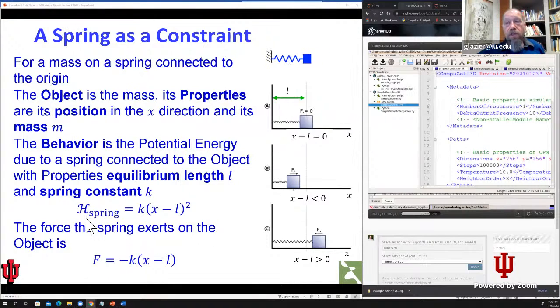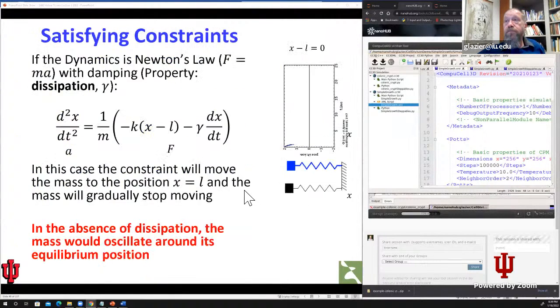This potential energy, H spring, equals lambda times (x minus L) squared, and creates a force of minus lambda times (x minus L). And the key thing is that the restoring force works: if the spring is too long, it shortens it. If the spring is too short, it makes it longer. And so this methodology creates forces that act to try to satisfy the constraints.